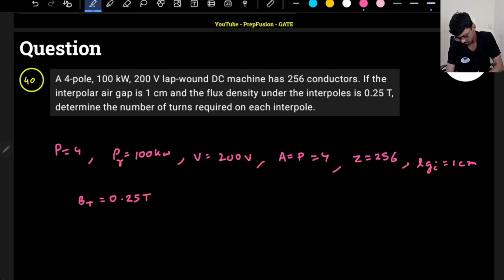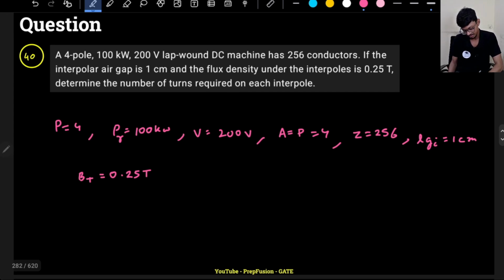Same thing, right? So the number of turns required in each interpole. So I have to nullify the armature MMF plus the additional, because here they have not mentioned any compensating winding. So the interpoles have to nullify everything.